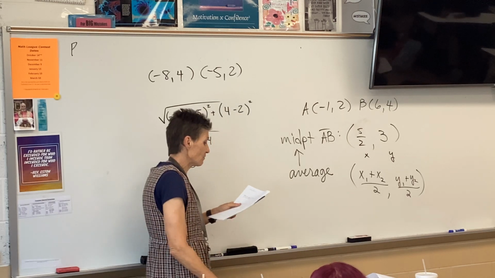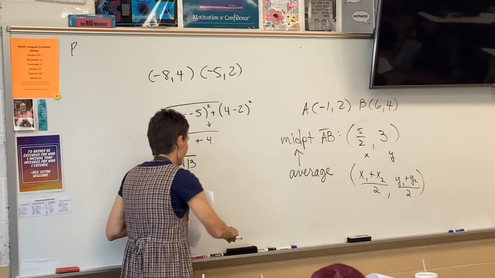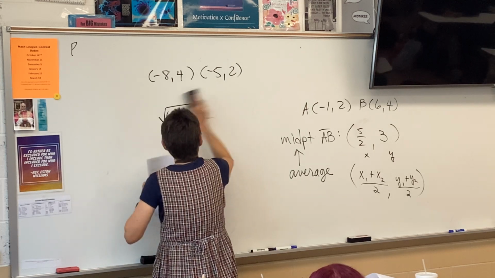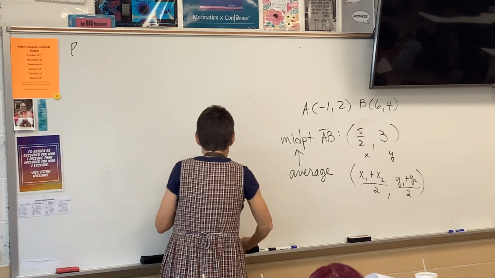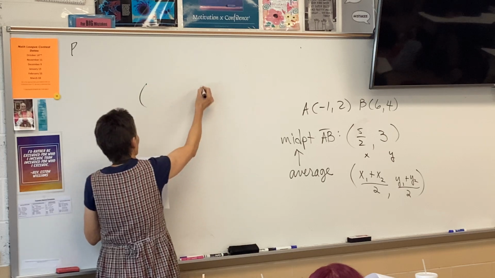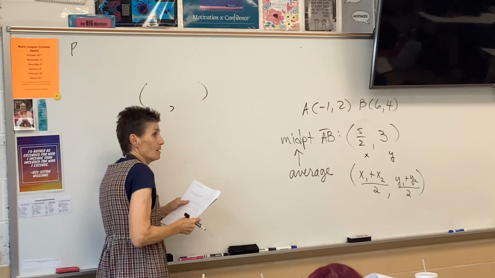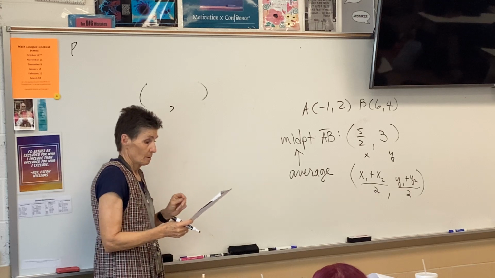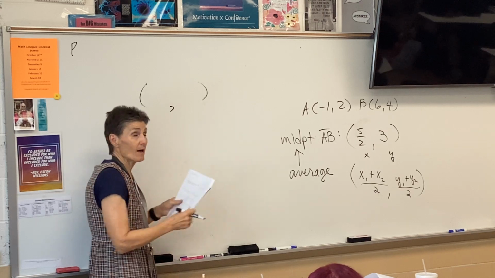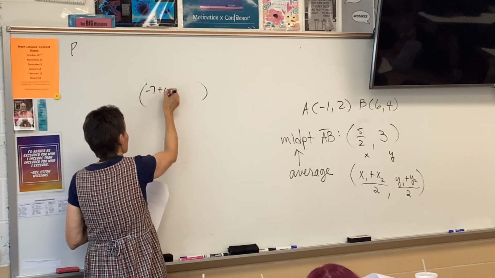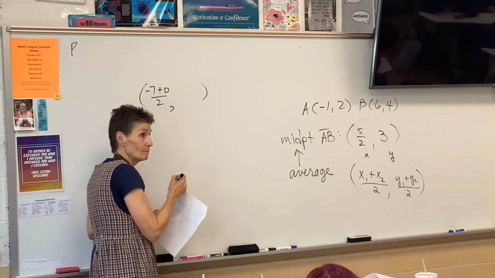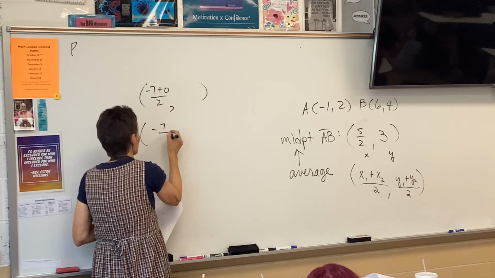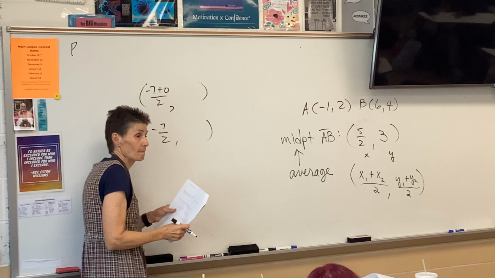All right, so let's find the midpoint for problem B. What is our midpoint going to be? -7 plus 0 divided by 2, which is going to be -7 halves.